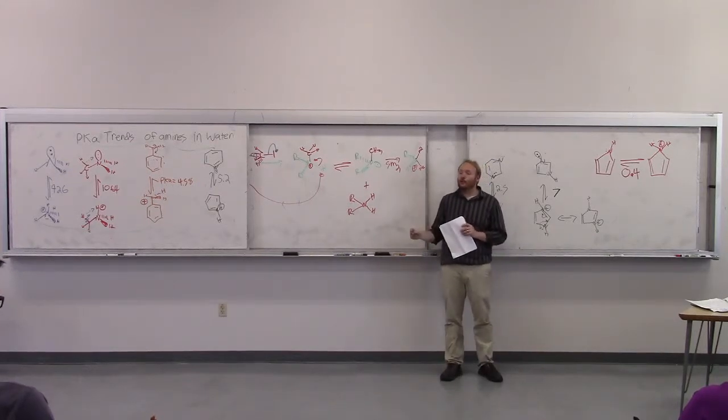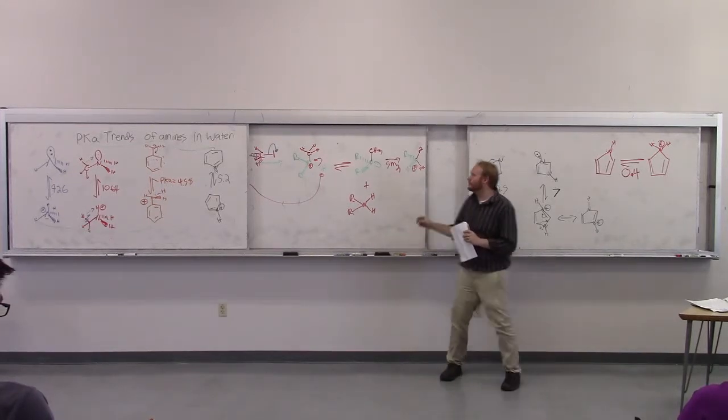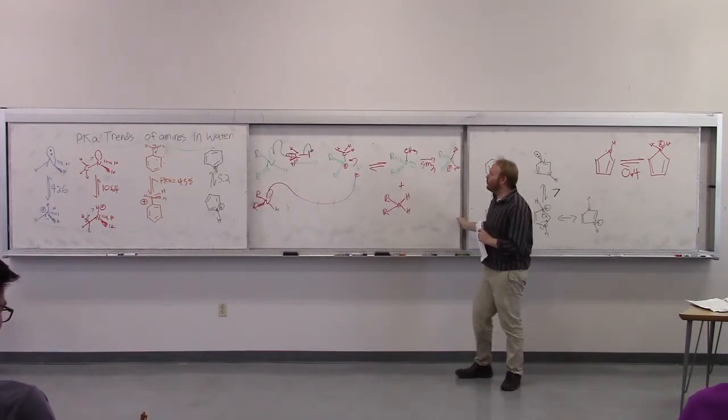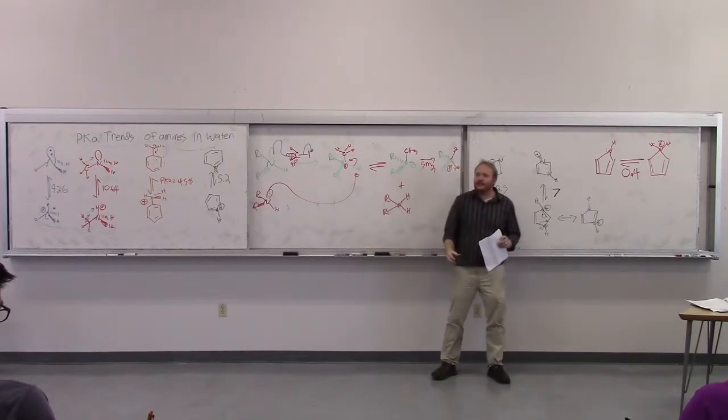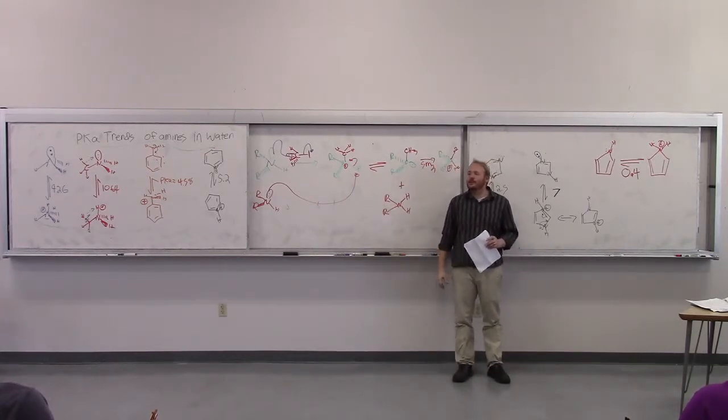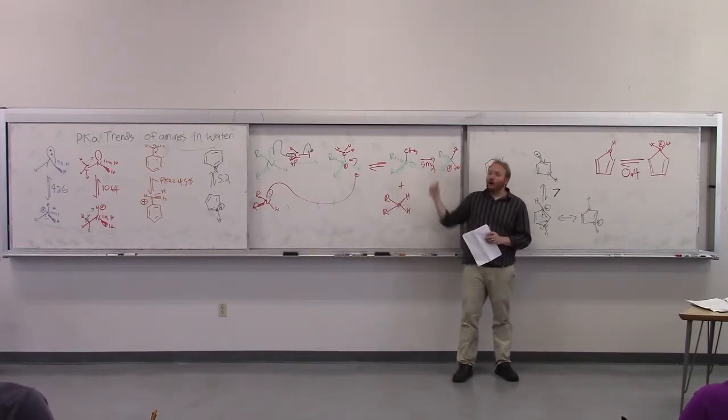So we get an overreaction. What ends up happening if you try to take an amine and do an SN2 with it is you'll get a mixture of your product plus the over-reacted product.